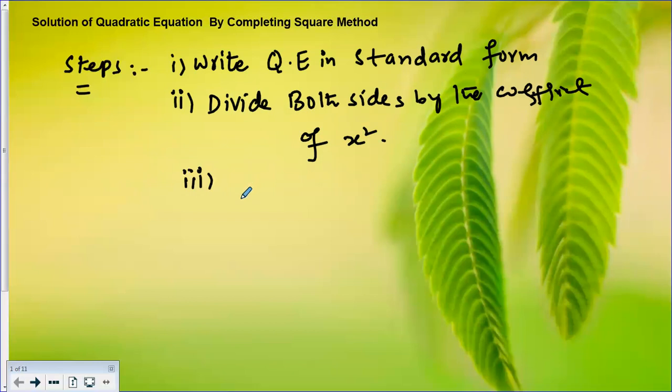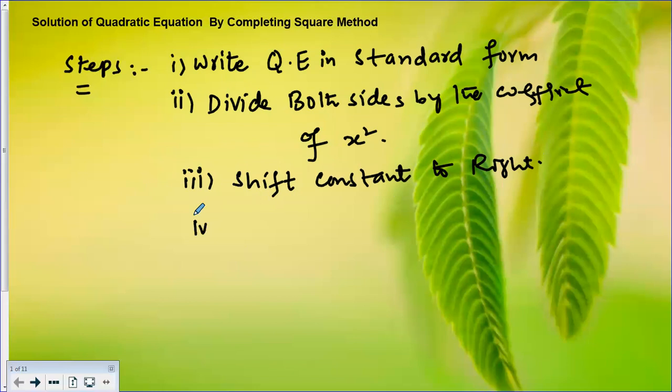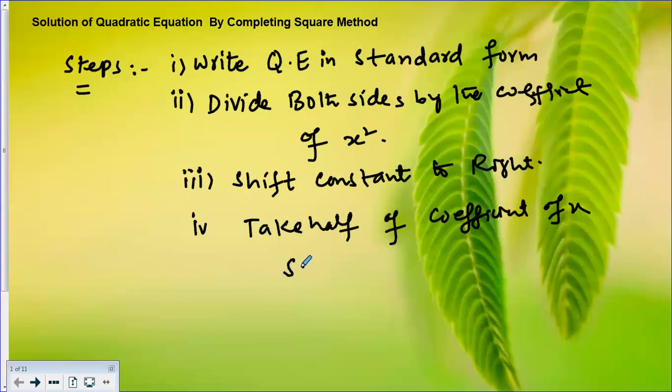The third step is to shift the constant term to the right side. And the fourth step, we take half of the coefficient of x, then square it and add it to both sides.